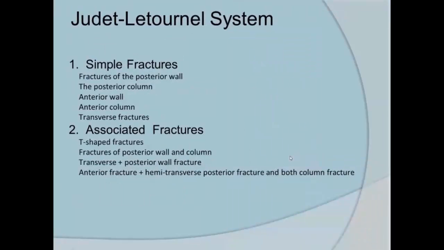So the 5 basic types of simple fractures are fractures of the posterior wall, the posterior column, the anterior wall, the anterior column, and transverse fractures. The associated fractures are the T-shaped fractures, fractures of the posterior wall and column, transverse plus posterior wall, anterior column plus hemitransverse posterior fracture, and both column fractures.